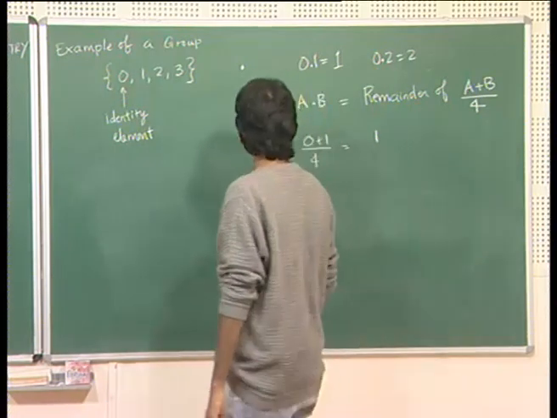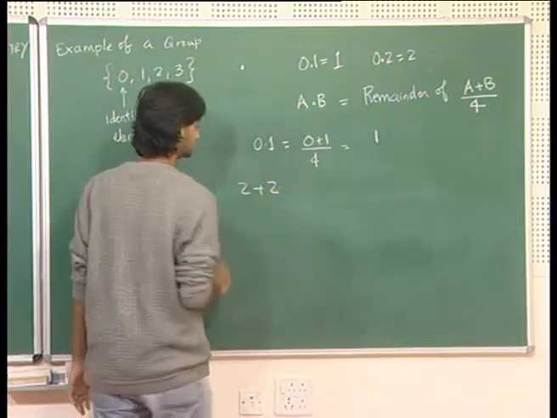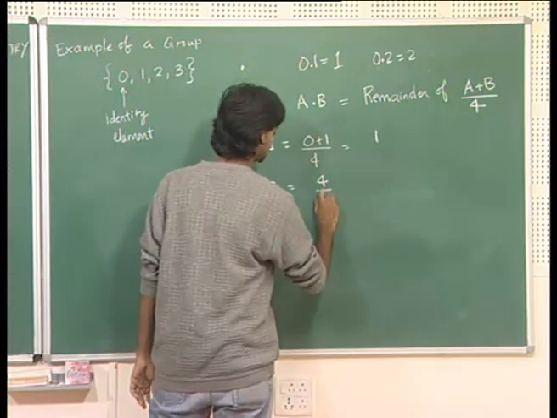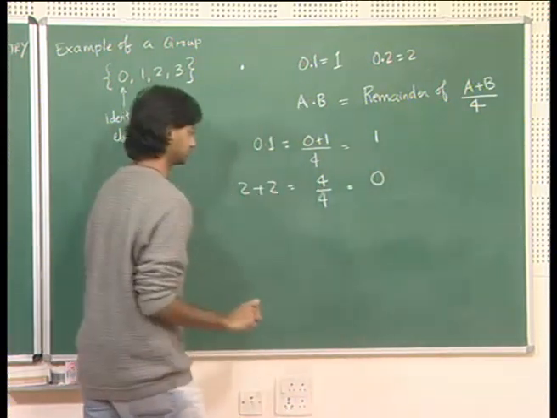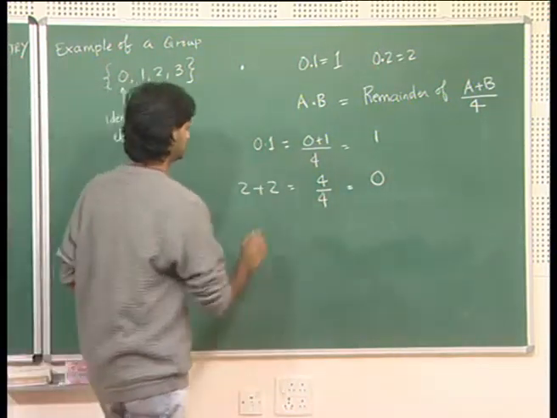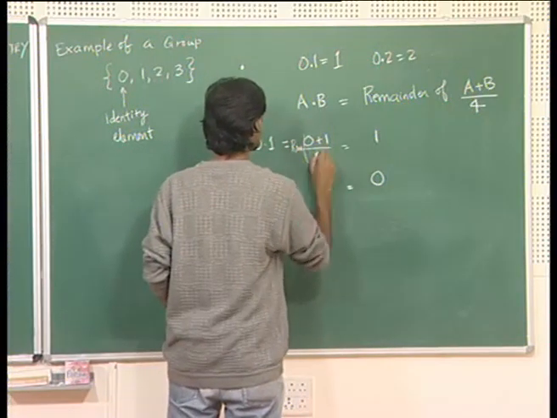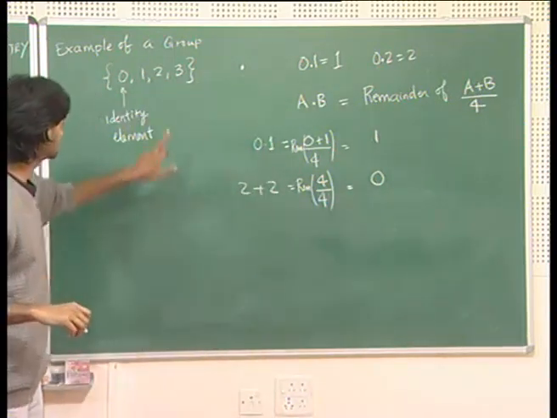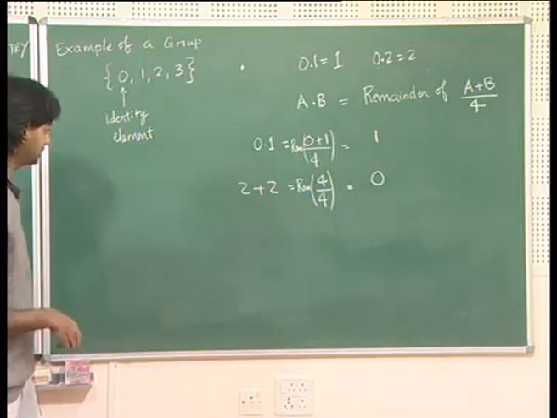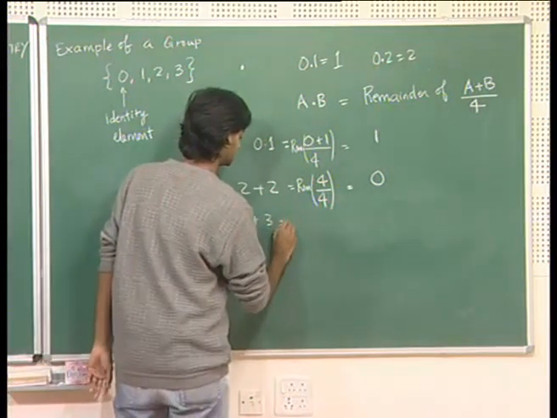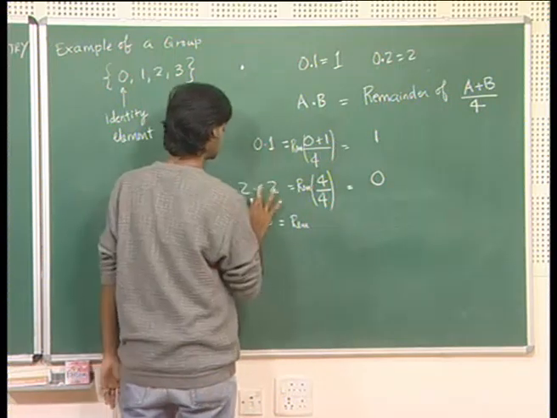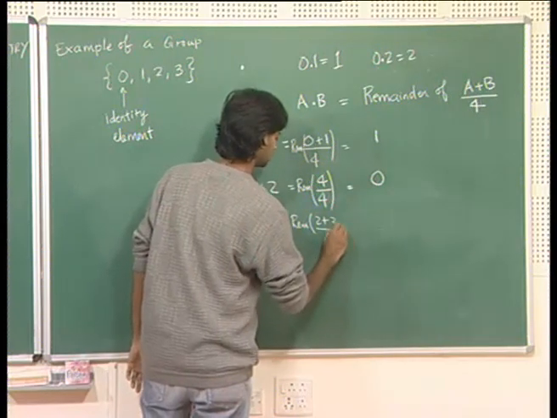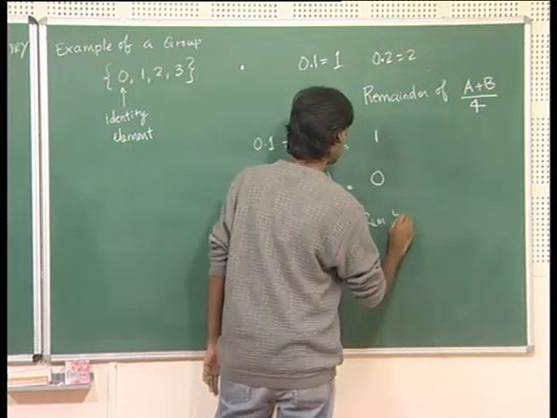What this lets me do is, suppose I have 2 plus 2. This is equal to 4, and the remainder on dividing by 4 is 0. So, 2 dot 2 is 0. Similarly, 2 dot 3 is equal to the remainder of 2 plus 3 divided by 4, which is the remainder of 5 divided by 4.